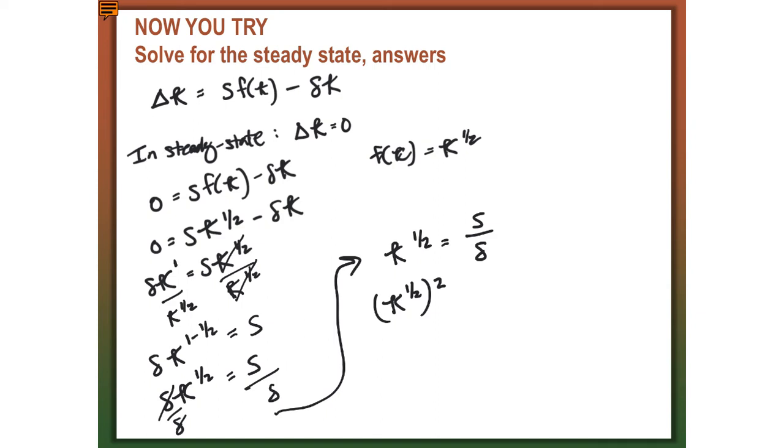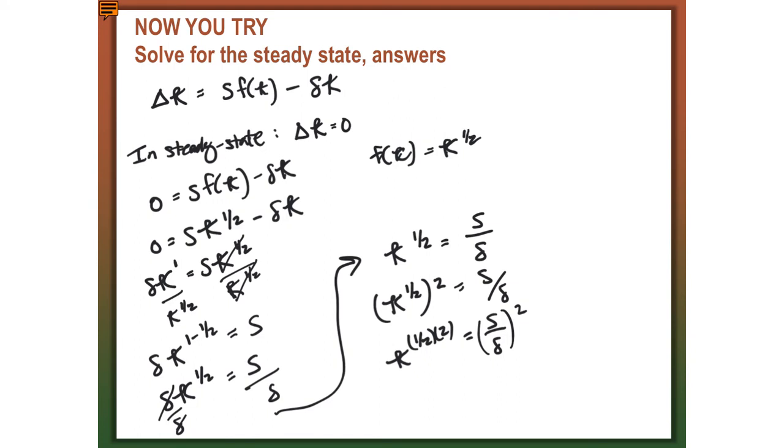So when we multiply 2 times 1/2, we end up with k to the 1/2 times 2 is equal to s divided by delta. And we've squared the left-hand side, so we also need to square the right-hand side, s over delta squared.